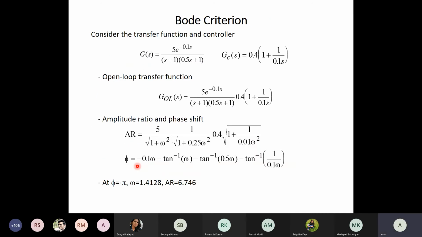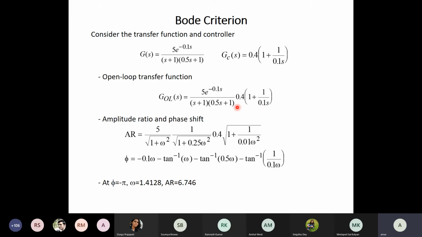I'll take one example over here. Let's say I have got a transfer function G(s) of this value and Gc(s) of this value for the system. So I have got a closed loop process already, having a process transfer function G(s) and the controller transfer function Gc(s). From here I can calculate GOL, which will be nothing but G(s) into Gc(s).